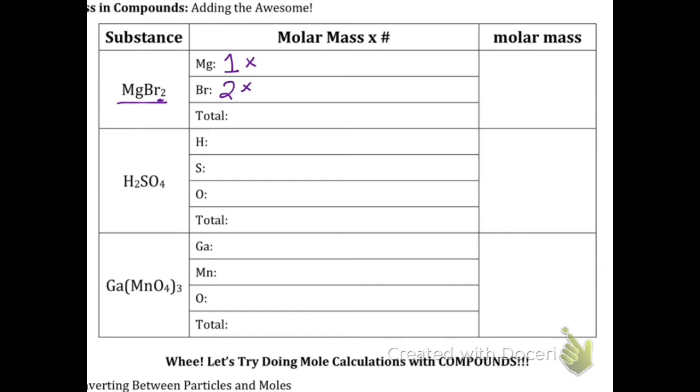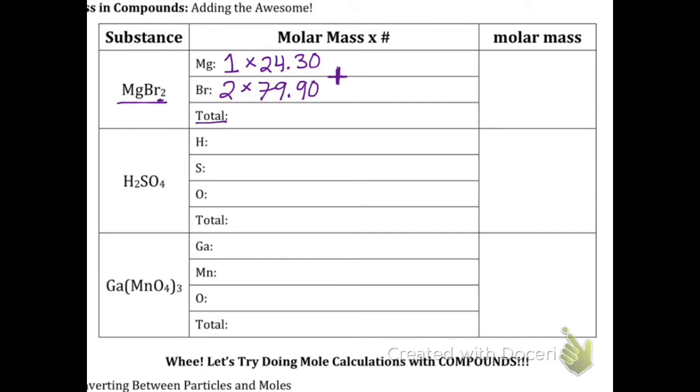Okay, so let's transfer all that information here. Magnesium's mass was 24.30. Bromine's mass was 79.90. Now, it wants the total, so you're going to add these up together once you get a number. So 1 times 24.30 plus 2 times 79.90.